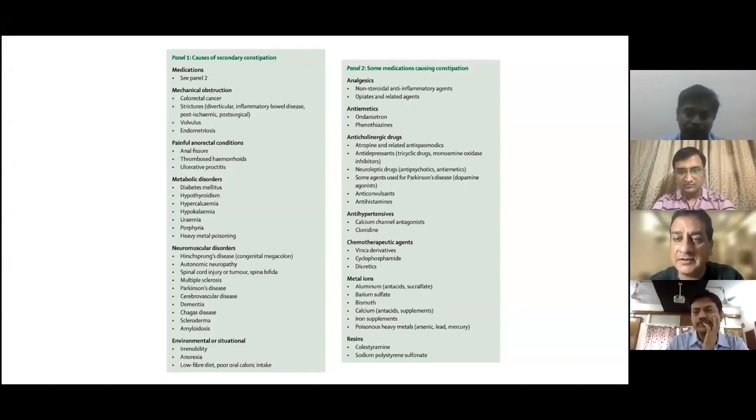They are not symptomatic, or they are mildly symptomatic. But the second factor on top of that may worsen it. So these small things sometimes do help. A good drug history, the control of diabetes, the control of hypothyroidism, all of these add value to the treatment of constipation. Yeah, thank you, sir.